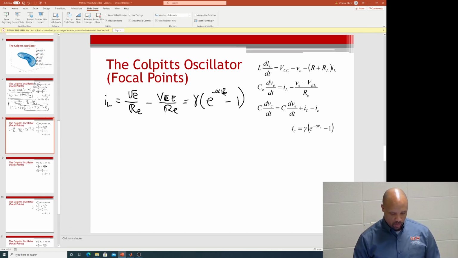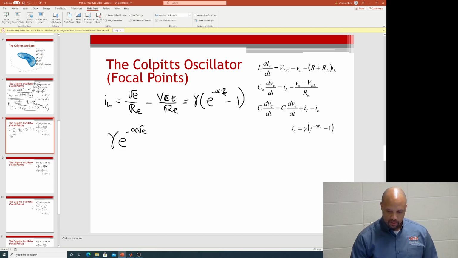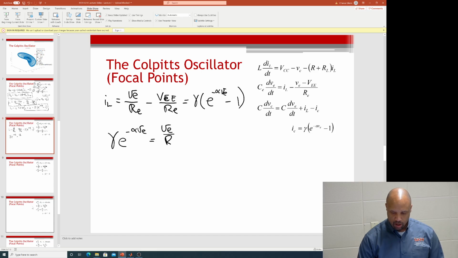Okay, so we're going to just move some stuff around. We're going to take this gamma e to the minus alpha v sub e, and we're going to say that's equal to this. There's that VE over RE minus VEE over RE.